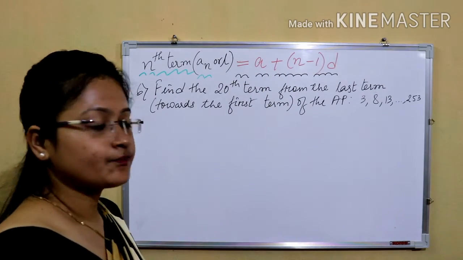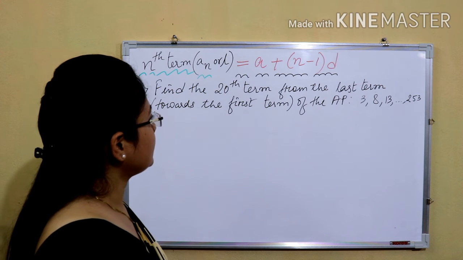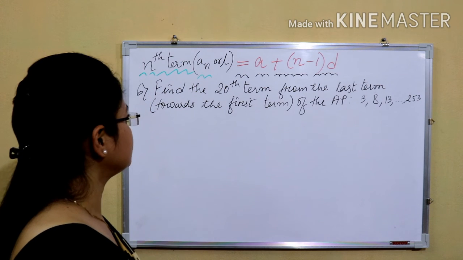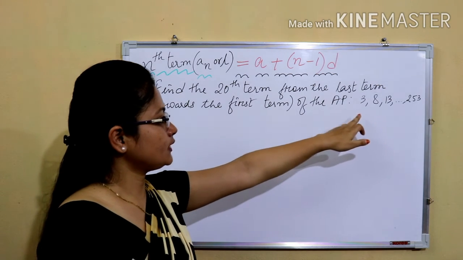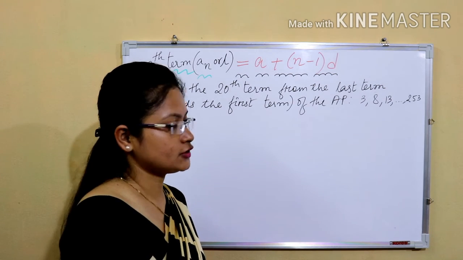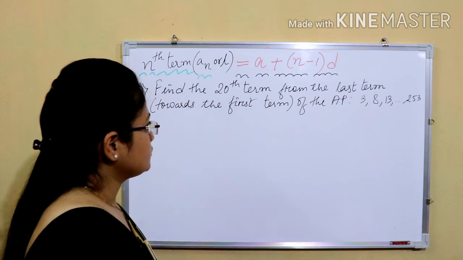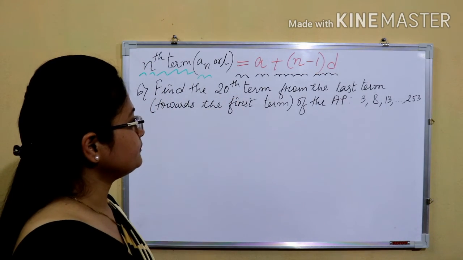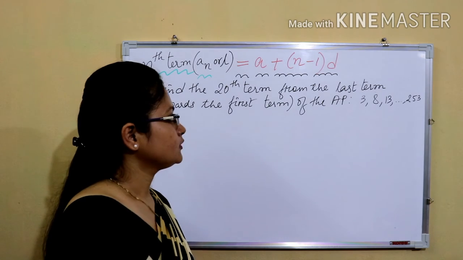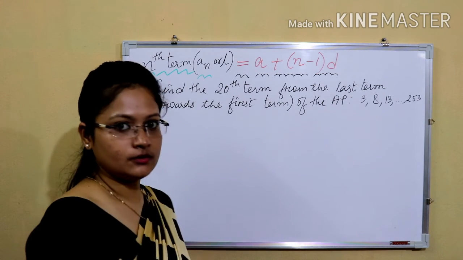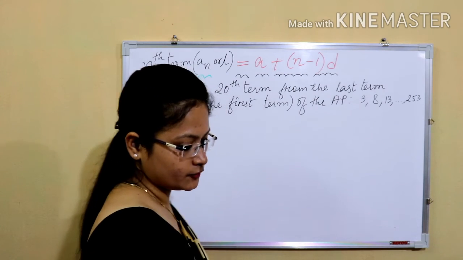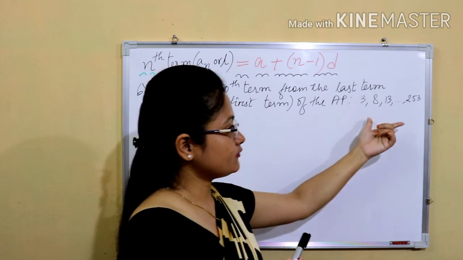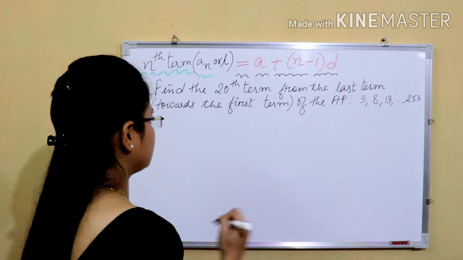Question number 6. Find the 28th term from the last term, that means towards the first term, of the given AP 3, 8, 13 up to 253. So we have to find the 28th term from the last term. Since it is counted from the last term, we will reverse this AP and write the given AP in reverse order.